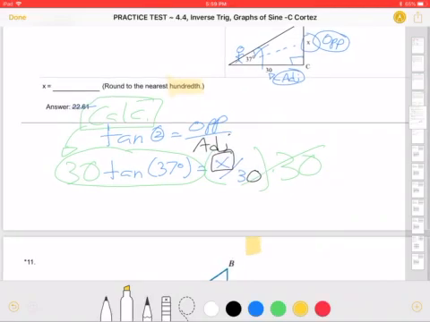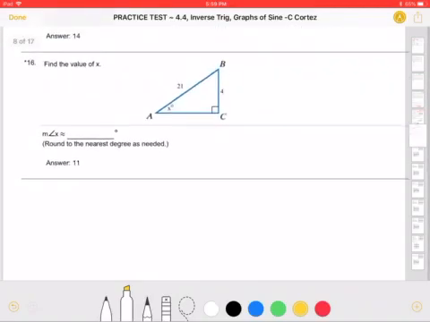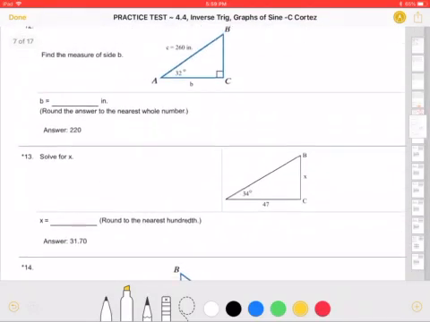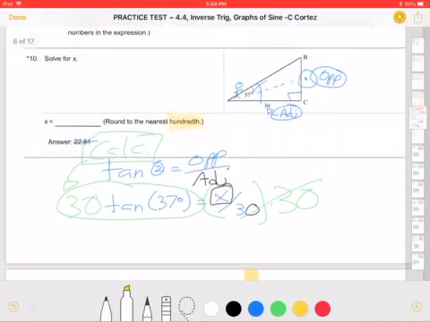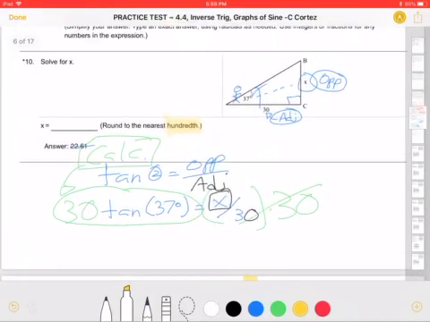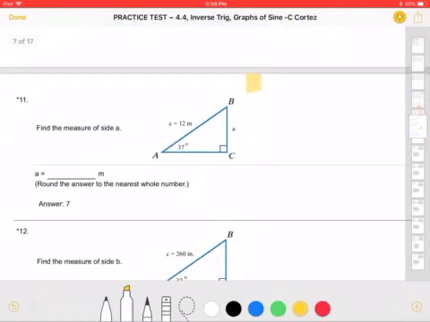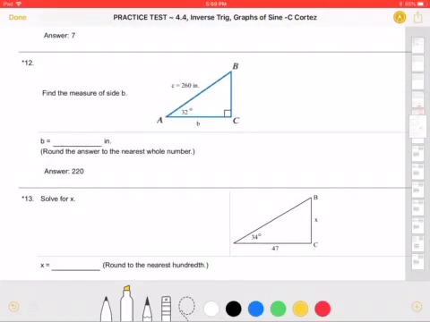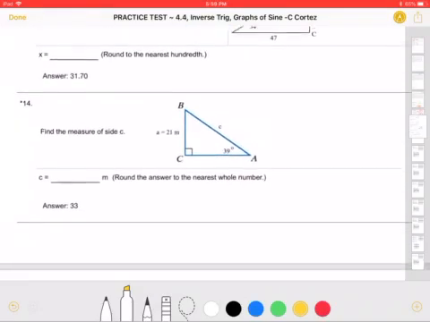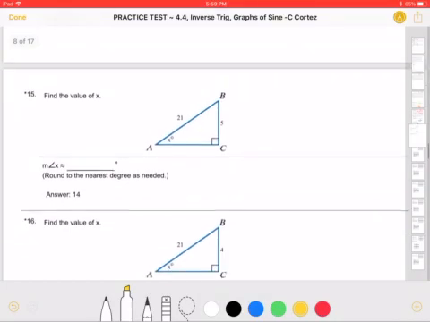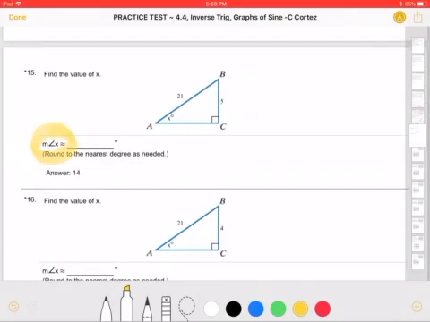Let's see what else we got. More inverse trig. This is solving for... Wait, what? Yeah, you didn't even have to do inverse trig here. This was just solving for missing side. All right, so that's right. We'll do one with solving for our missing angle. So notice that we're solving for an angle here.